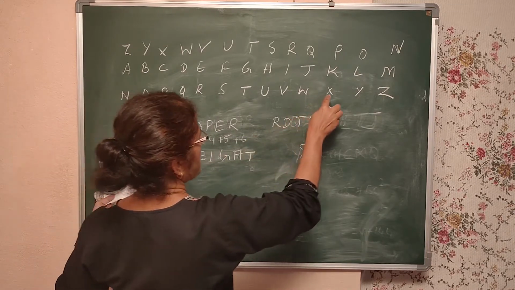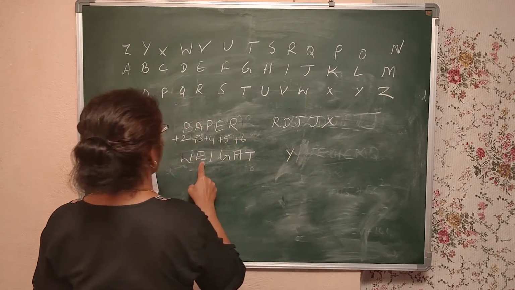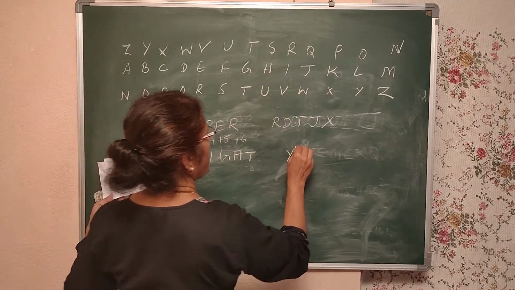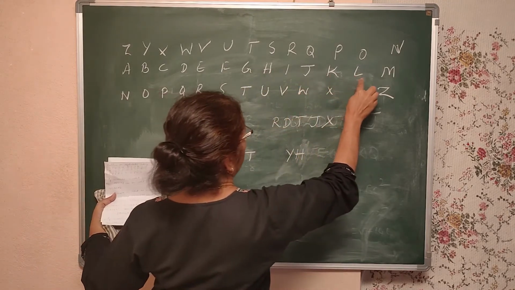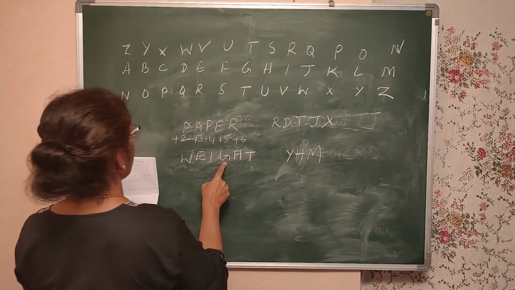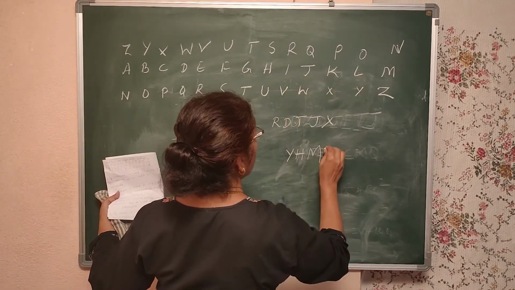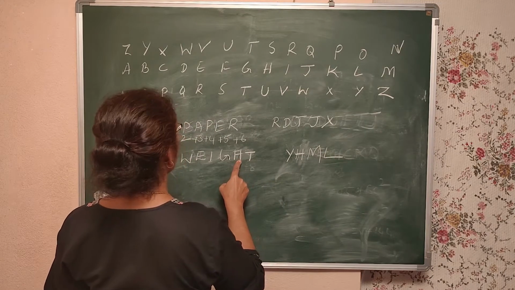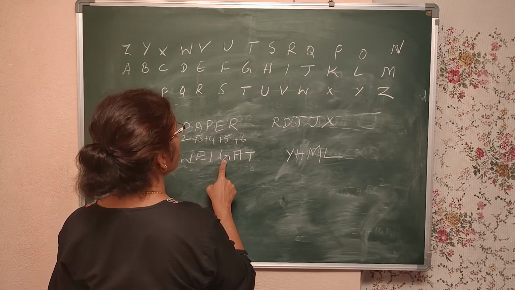W can be coded as Y: 1, 2. E plus 3: 1, 2, 3, H. I: 1, 2, 3, 4, M. G: 1, 2, 3, 4, 5, L. H plus 2, plus 3, plus 4, plus 5.